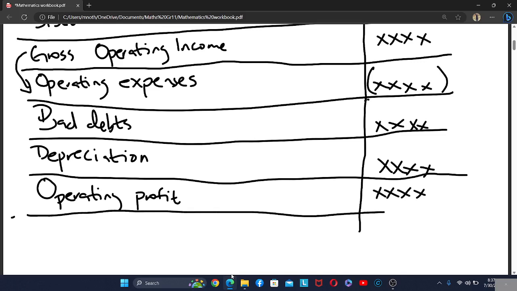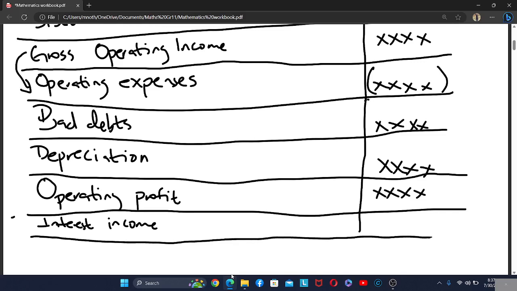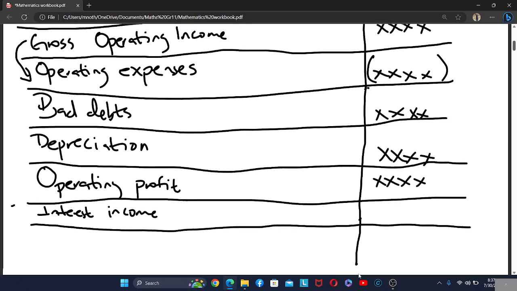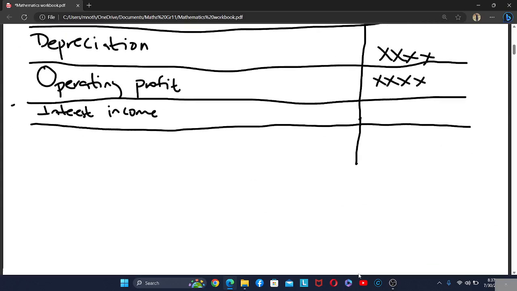Okay, and then after operating profit, we are going to have the interest income. Under interest income, you might have the interest on fixed deposit, interest on investment, they all fall under interest income.